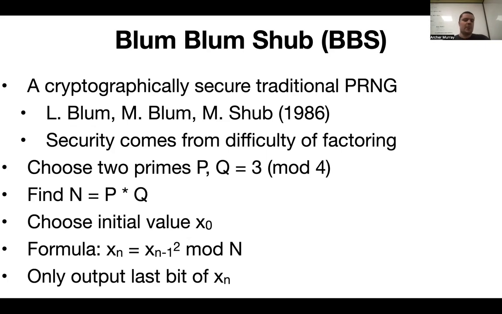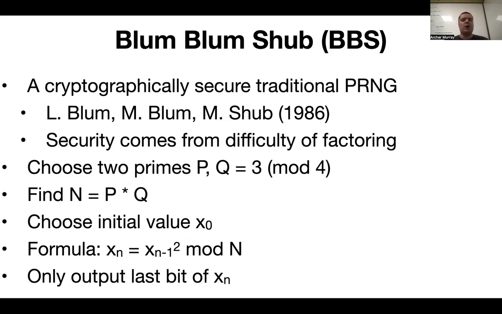Now, when it comes to traditional pseudo-random number generators, one that has been proven to be secure is Blum Blum Shub, or BBS. It's named after its authors, L. Blum, M. Blum, and M. Shub in 1986.